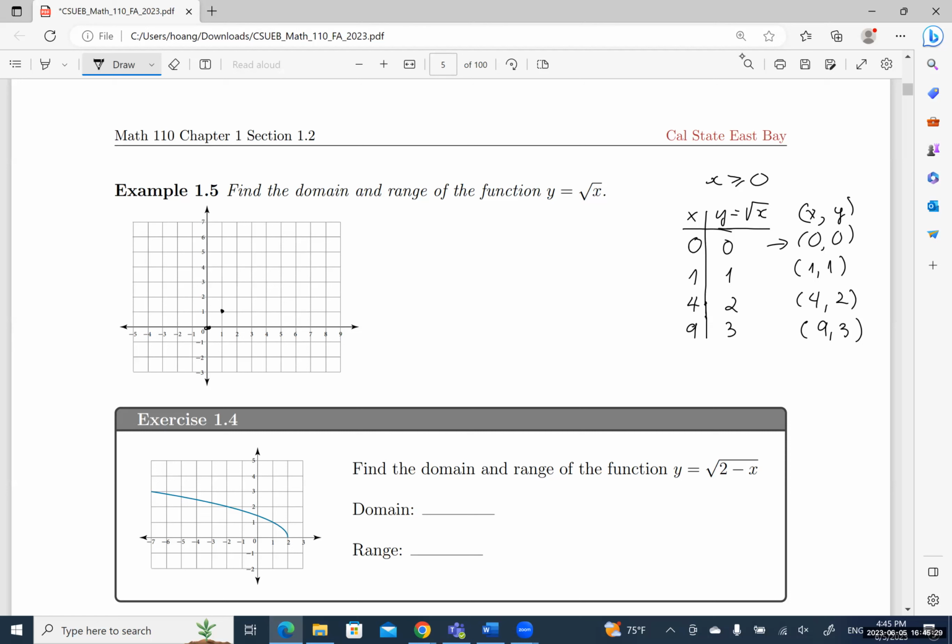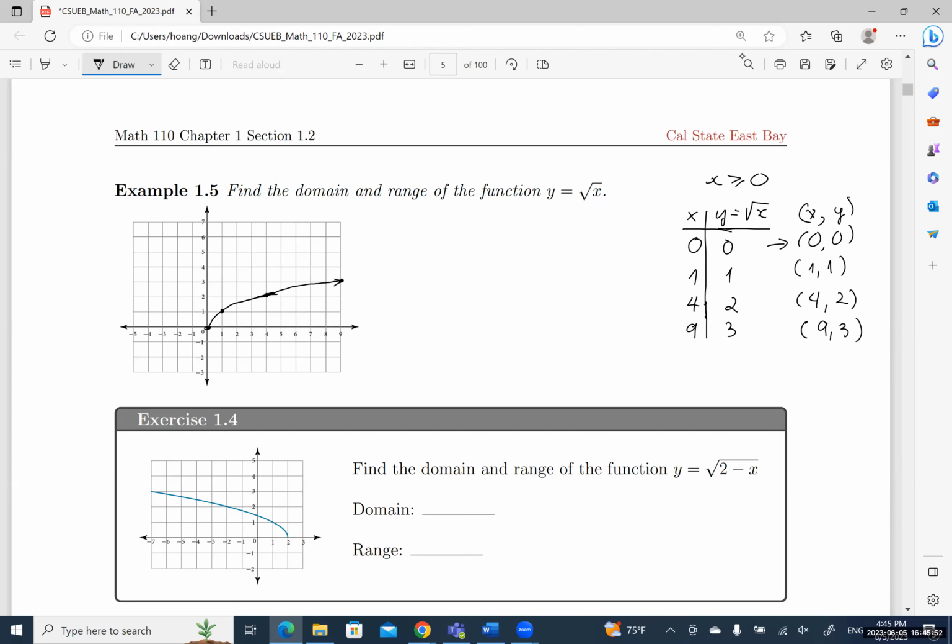And then 4, 2, so 4, 2, okay. 9, 3, 9, 3. Okay, and then you draw the graph. Not a perfect one, but you know, that's what it is.